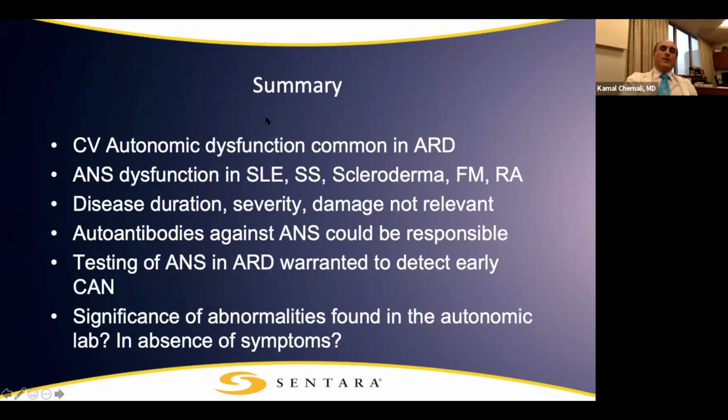All right, so to summarize this section, cardiovascular autonomic dysfunction is common in the autoimmune rheumatic diseases. However, the numbers are very fluctuating. Autonomic nervous system dysfunction in lupus, Sjogren's, scleroderma, fibromyalgia, and rheumatoid arthritis are maybe the best defined.